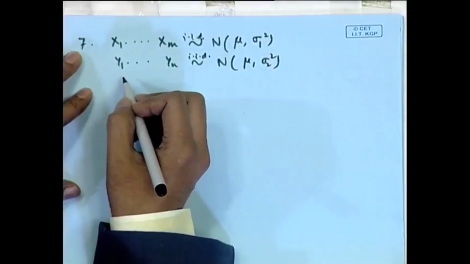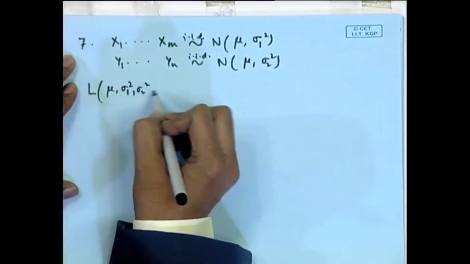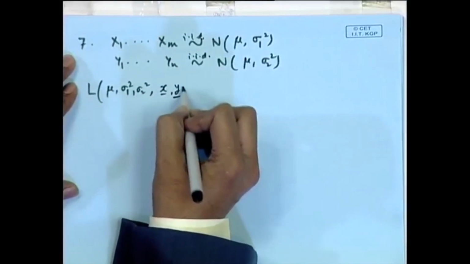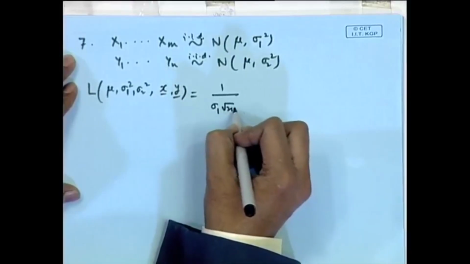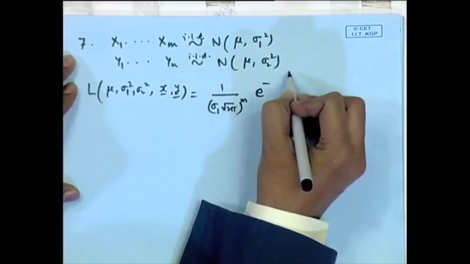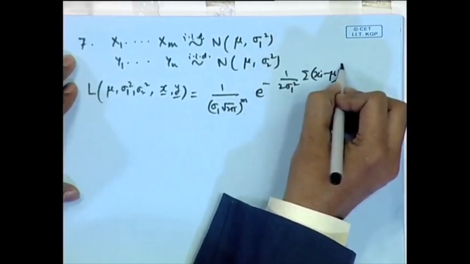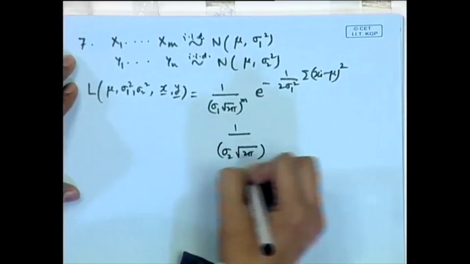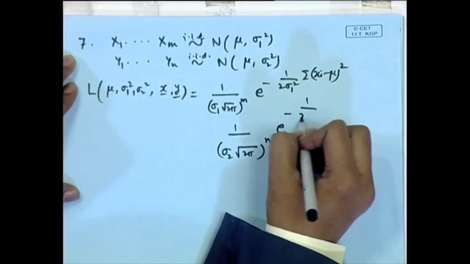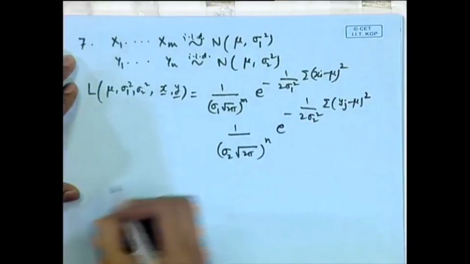So, here you write down the likelihood function. Three parameters are there, mu, sigma 1 square, sigma 2 square, and two samples x and y. So, the likelihood function will involve 1 by sigma 1 root 2 pi to the power m, e to the power minus 1 by 2 sigma 1 square sigma (xi minus mu) square, and 1 by sigma 2 root 2 pi to the power n, e to the power minus 1 by 2 sigma 2 square sigma (yj minus mu) whole square.